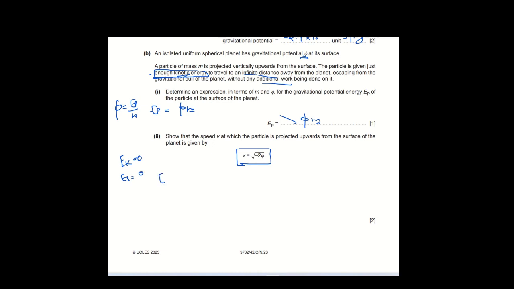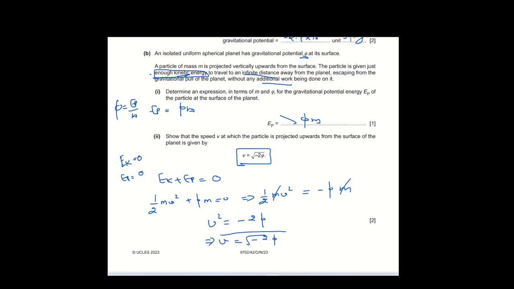So we can write that kinetic energy plus potential energy will be equal to 0, that is half mv square plus phi m is equal to 0, or half mv square is equal to minus of phi m. m and m will cancel out and v square here is minus 2 phi, or you can write v is equal to square root of minus 2 phi.